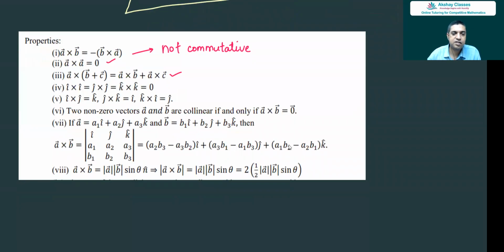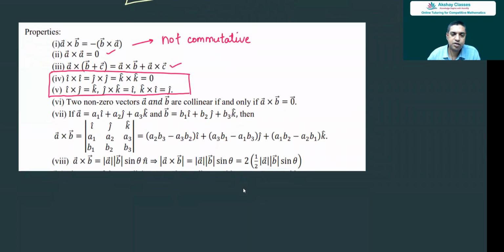Now we have this very important relation with the orthonormal triads.